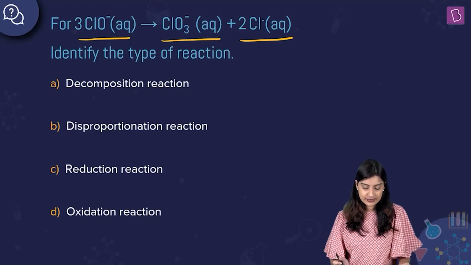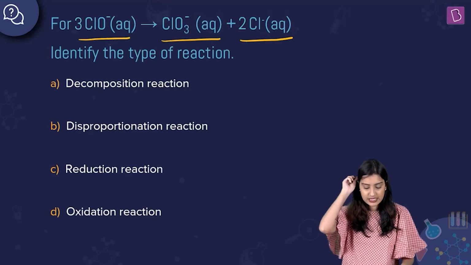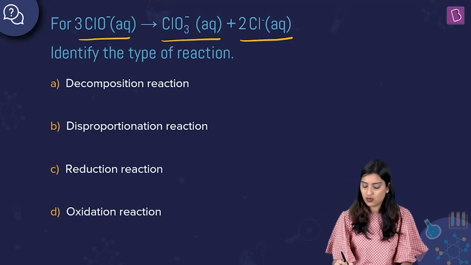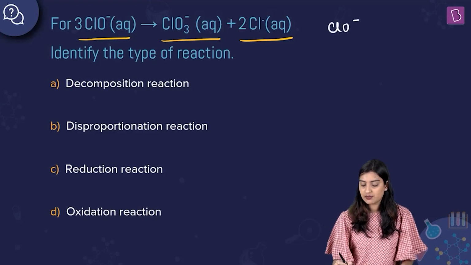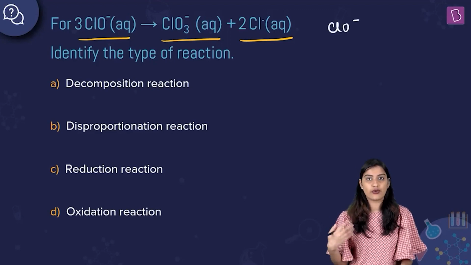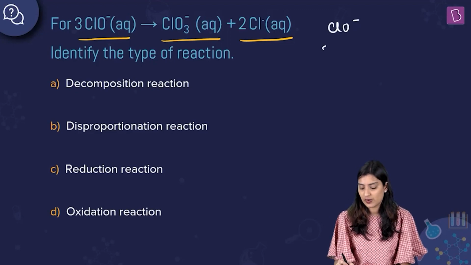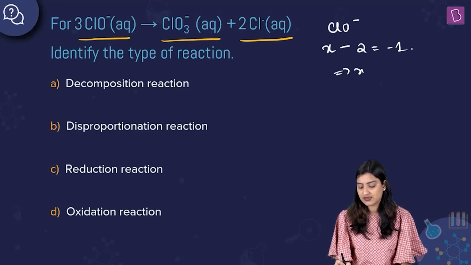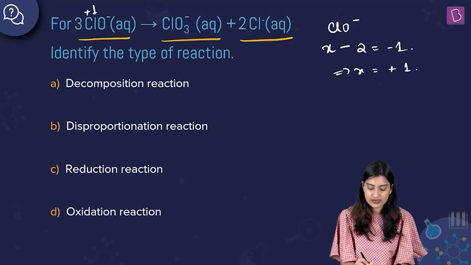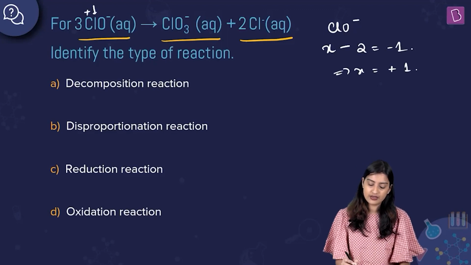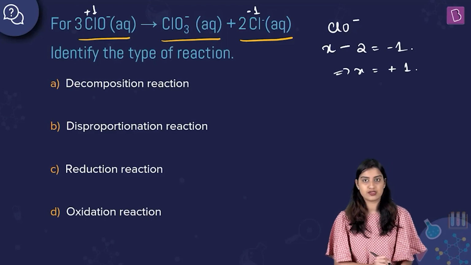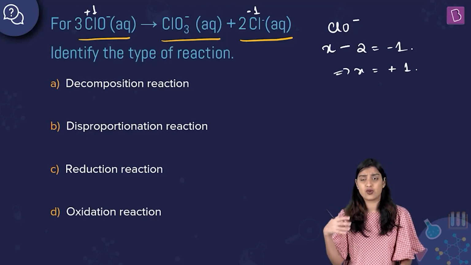So let's see. You have ClO⁻. Oxygen as usual is going to be in the -2 oxidation state. You have X minus 2 is equal to -1, which means X is going to be +1. So chlorine is in the +1 oxidation state. Here it's going to be in the -1 oxidation state because it says Cl⁻, chloride ion.